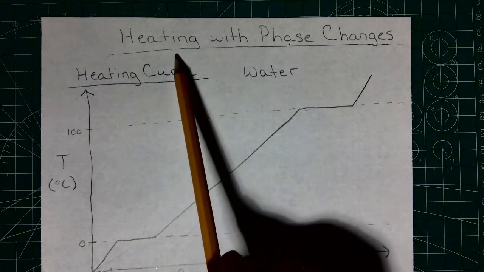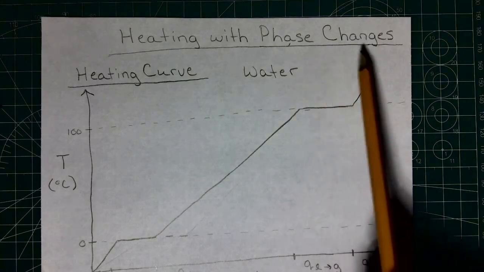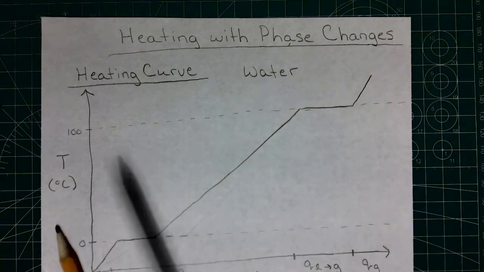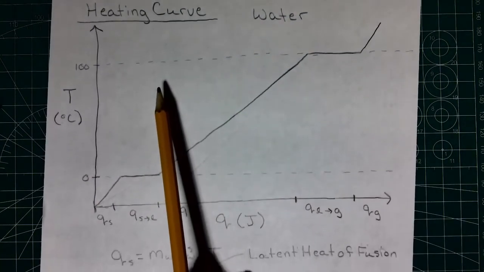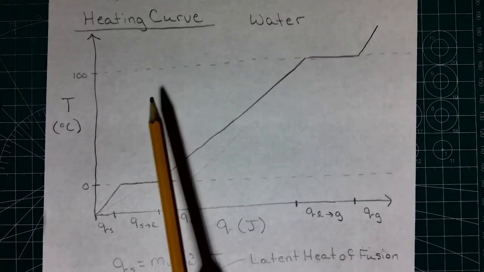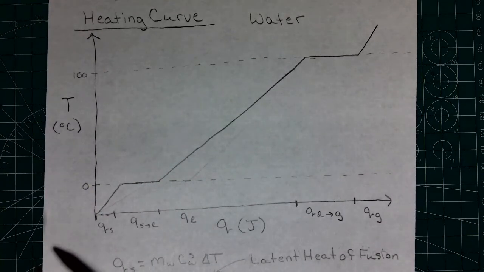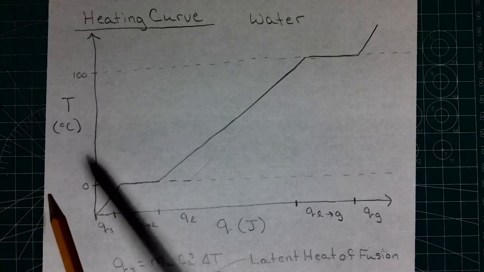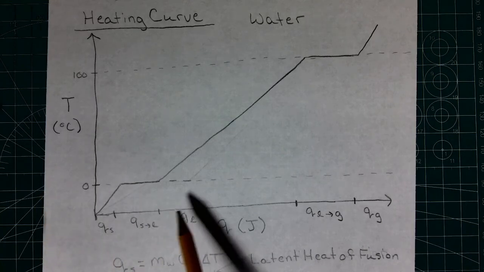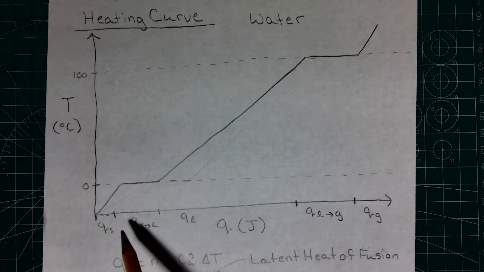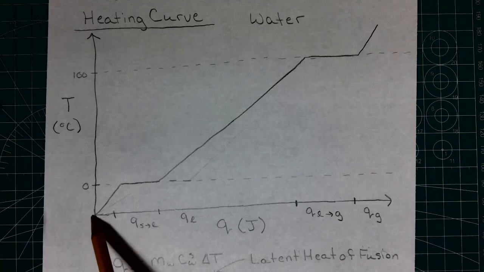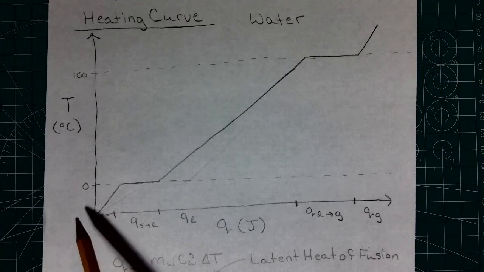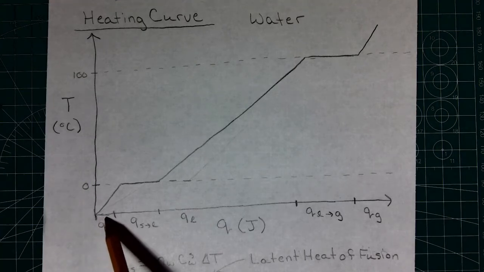Finally, I want to talk about heating with phase changes. So, this is a graph called a heating curve, all right? And this one is for water. So what's going to happen is that, say I had ice sitting well below 0 degrees Celsius, and I start applying heat.